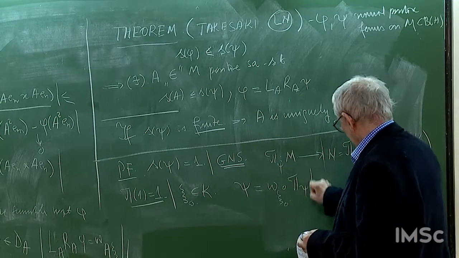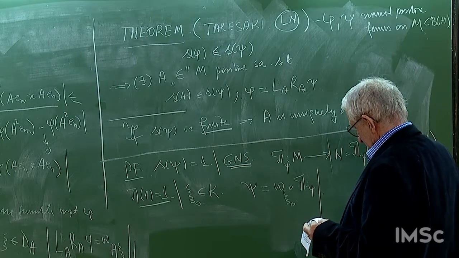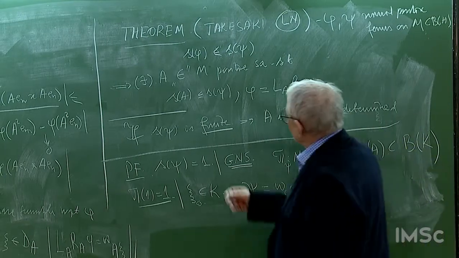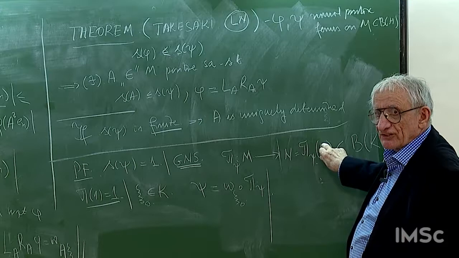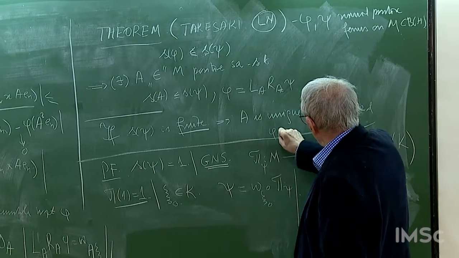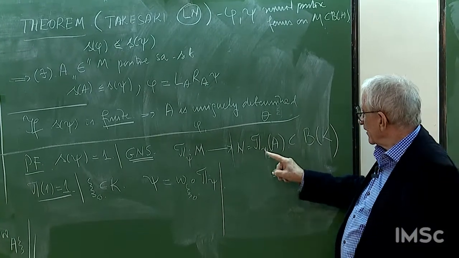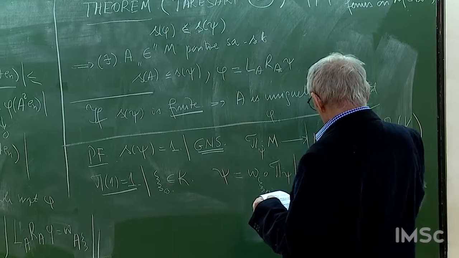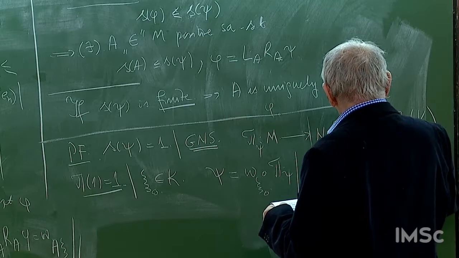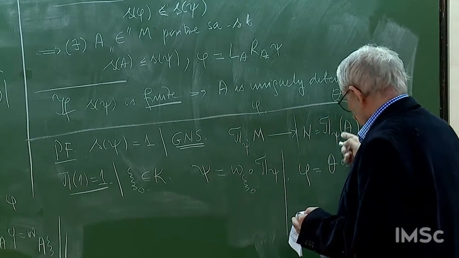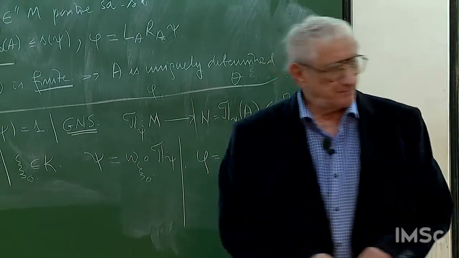Now, then you can transfer phi from here to here. So from M you transport phi, and you get another form. I will call it theta on P psi of M. And so phi will be theta composed with P psi, with theta one normal positive form of this algebra and uniquely determined by that.